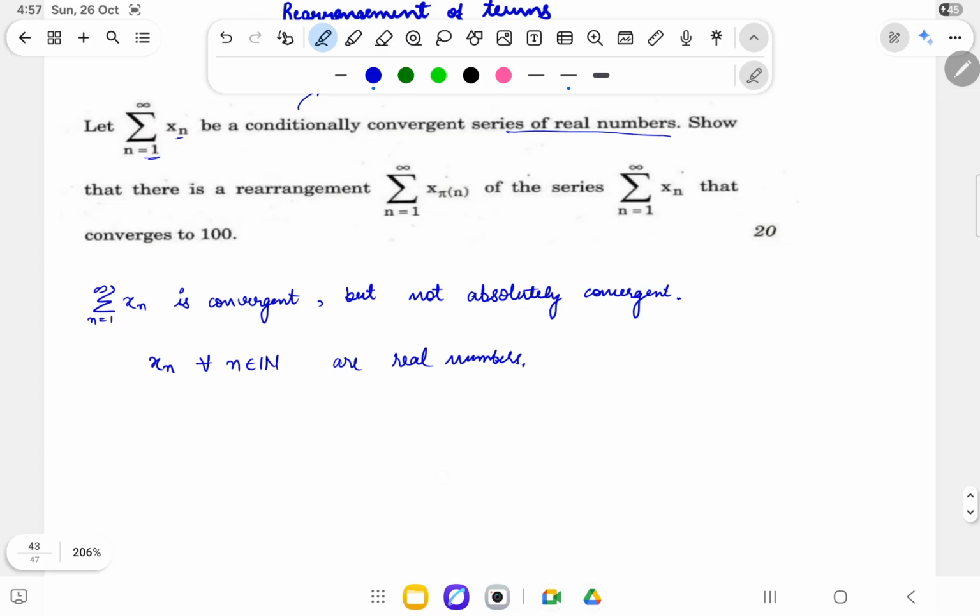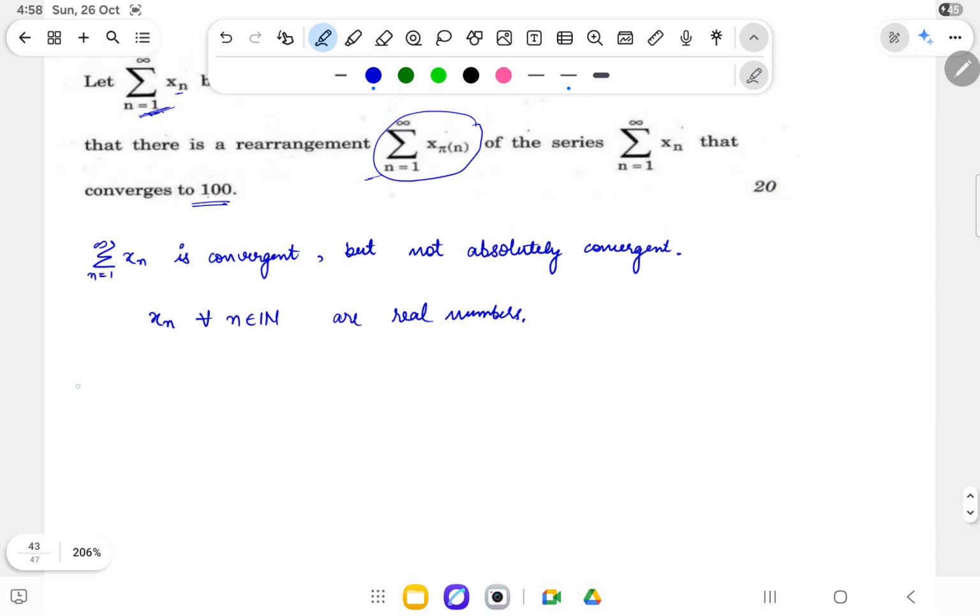So it's not an all positive series or an all negative series. It has both positive and negative terms. Now they have asked us to show that a rearrangement of this series is possible, such that this rearrangement converges to 100.